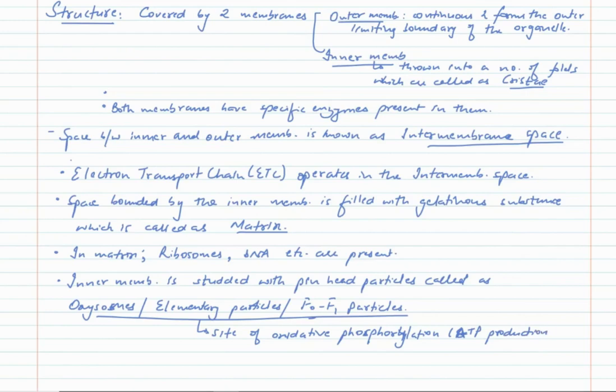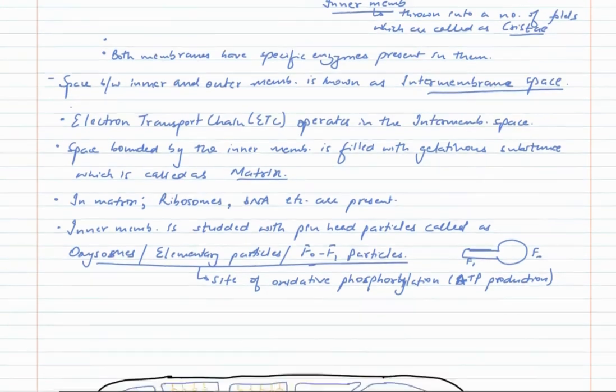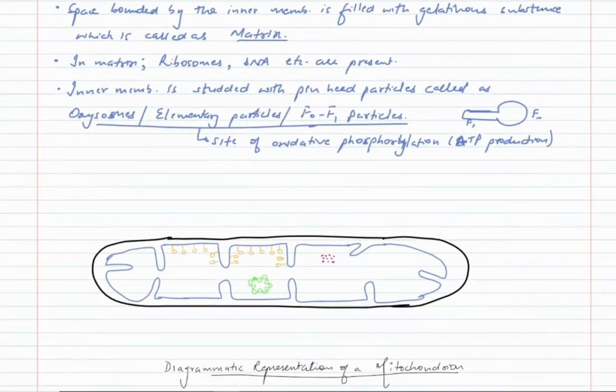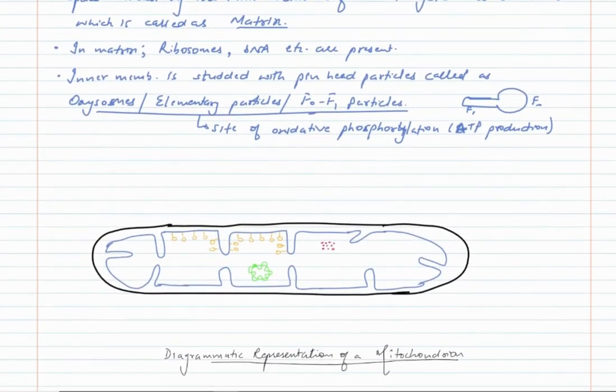Why are they known as F0, F1 particles? Because they have a structure which is similar, something like this. So this part is known as the F1 part, and this part that is projecting inside the matrix is known as the F0 part. So this is why the oxysomes are also known as F0, F1 particles. Now this is a diagrammatic representation of mitochondria. This is the outer membrane.